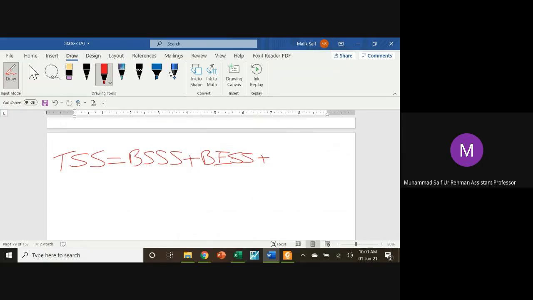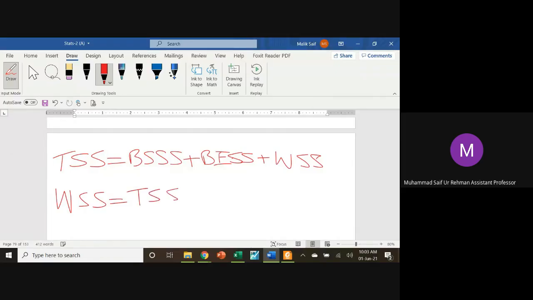So you can write it as within sum of square. Okay, same value will be there. So we are interested in finding out WSS because all other values we have already calculated. So for WSS, you can transform this equation.